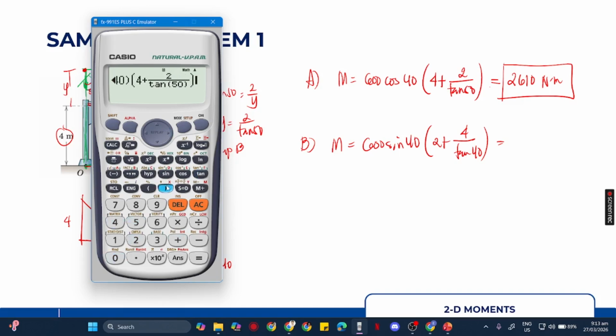Let's check if tama ba ito. And that is 2609, and that is about 2610. Now, kapag ito naman, yung isa, 600, this is sine 40, and this one is 2 plus 4 over tan 40. Tan 40. That is still about 2610. Okay?